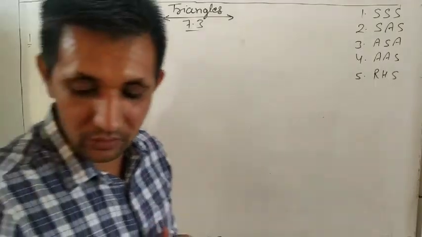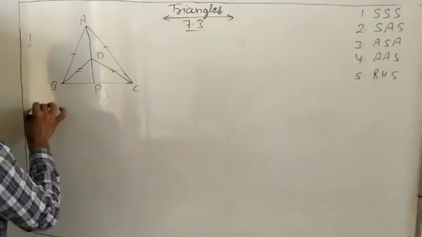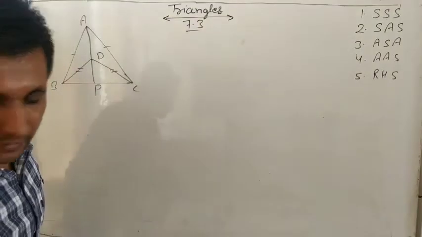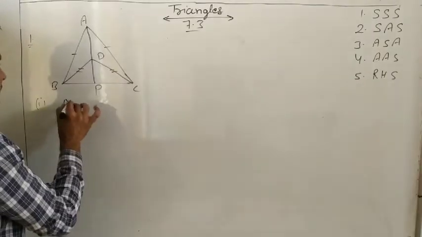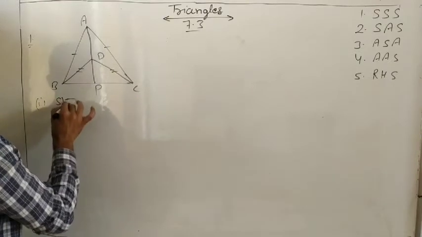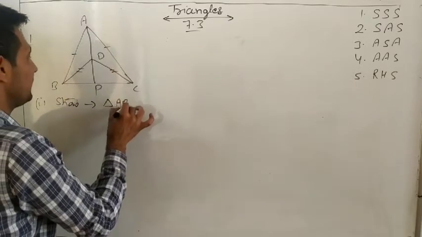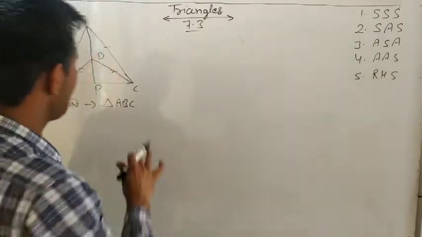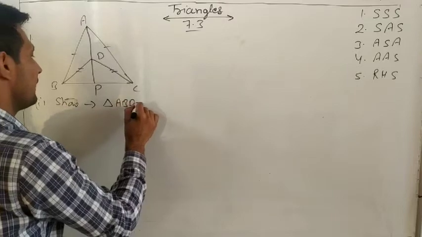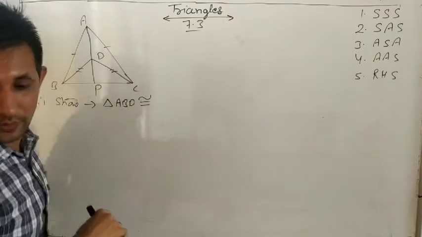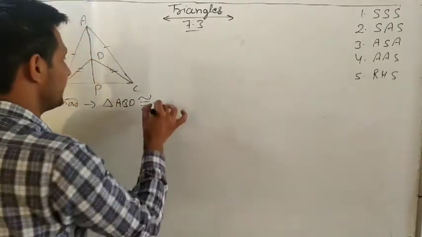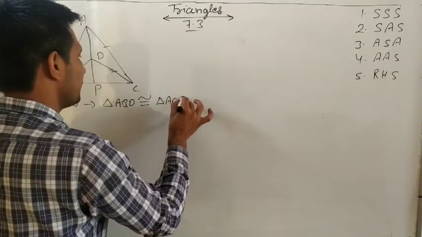And after this, we have to show the first part: prove that triangle ABD is congruent to triangle ACD, not ABC.